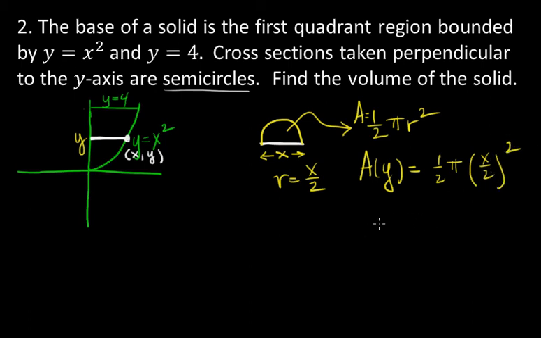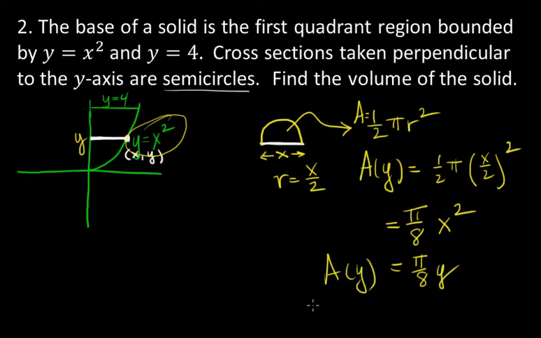We'll have to put it in terms of y, but right now x is the easy thing to see. So that's pi over 8, if we get our constants out there, times x squared. Oh, x squared is y. So this is just pi over 8 times y. A of y, the area of a cross-section.